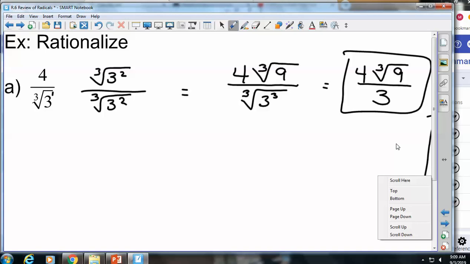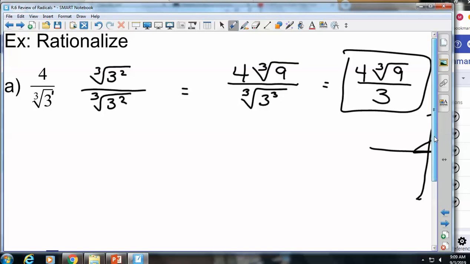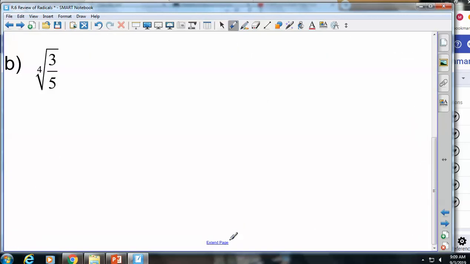On this one, maybe. What this means is the 4th root of 3 over the 4th root of 5.